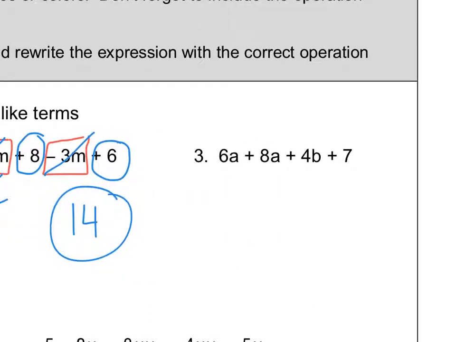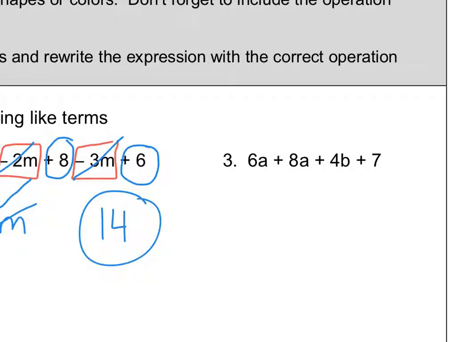Okay, let's move on to example number 3. On example number 3, same thing, we're going to start by circling our like terms. We have a positive 6a, a positive 8a. We have only one b term, that's a positive 4b, and we have one constant, a term without a variable.